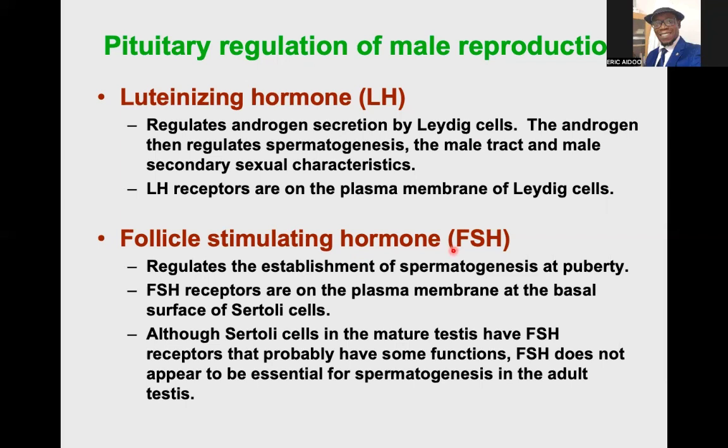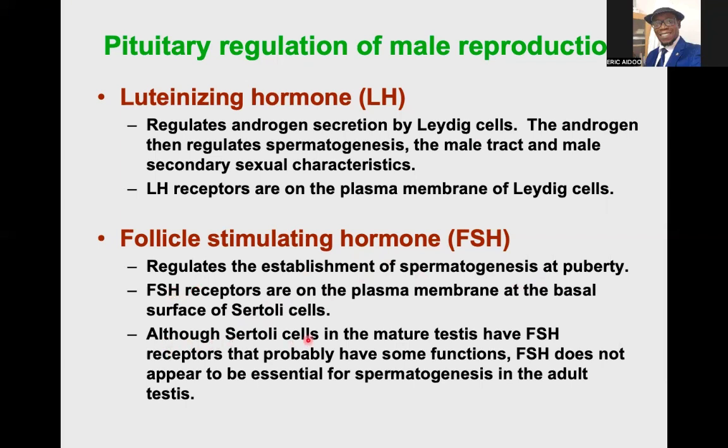Follicle stimulating hormone, FSH, also regulates the establishment of spermatogenesis at puberty. The receptors are on the plasma membrane at the basal surface of the Sertoli cells. Remember, we said Sertoli cells start from the base and then get to the lumen. So the basal side, that is where you find the receptor for FSH.